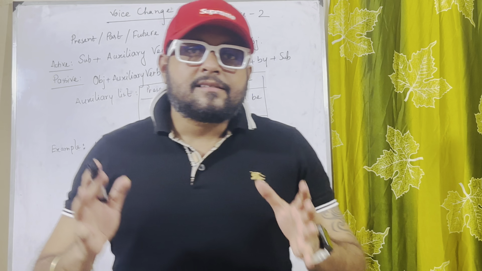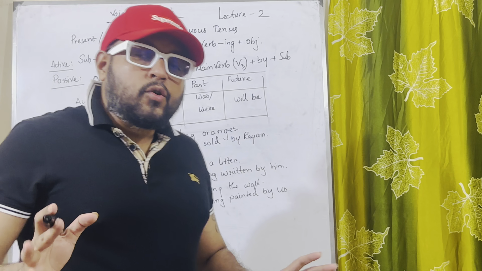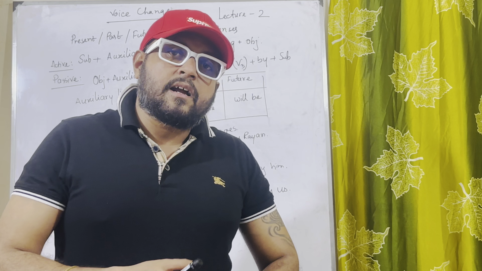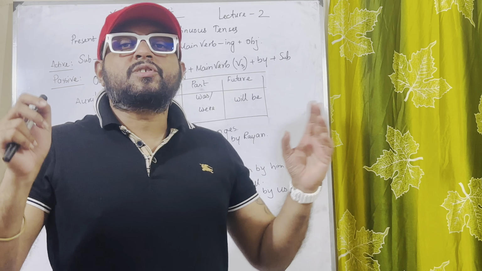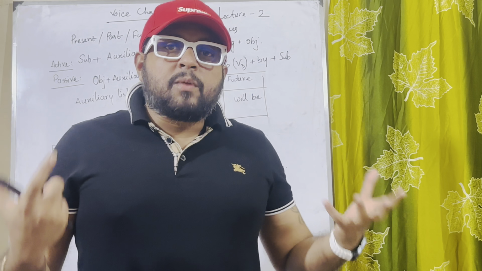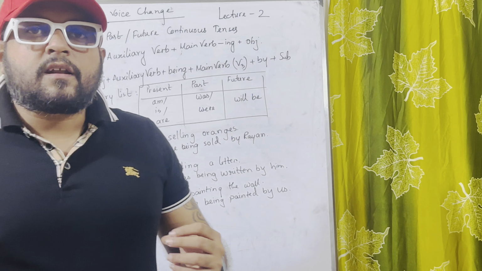So let's get started. Well, usually there are rules for each of the continuous tenses: present continuous, past continuous and future continuous. All these three continuous tenses follow three separate rules, but many students often complain that it's very difficult to remember all those rules and regulations.